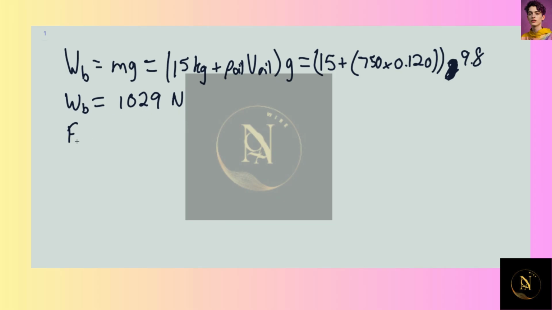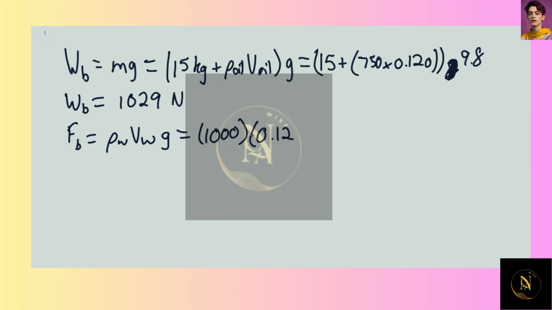Now, the buoyancy force is simply the density of the water times the volume of the water being displaced and the acceleration due to gravity. Here, we're going to use 1,000 kilograms per cubic meter times the volume; the volume of the water displaced is equal to the volume of the barrel.